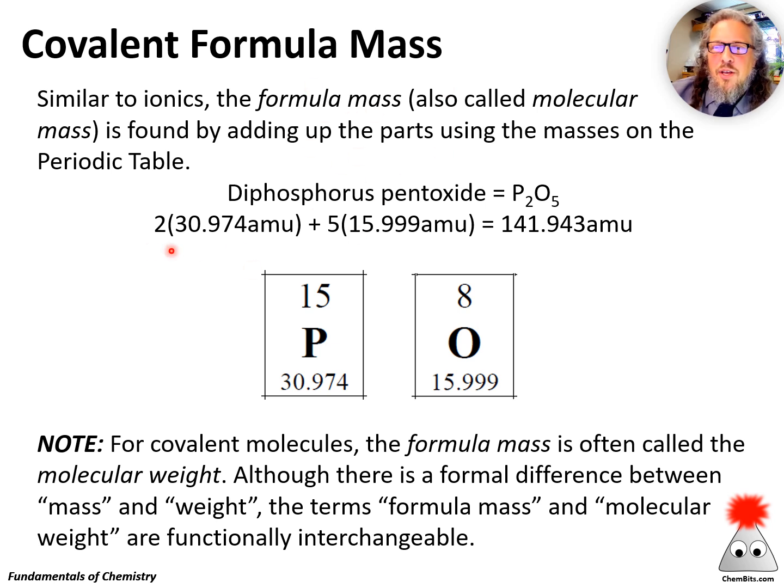But again, it's the same thing. Just add up the parts. Like in this diphosphorus pentoxide, we've got 2 phosphorus, we've got 5 oxygens. Add them up, and we get the formula mass of our diphosphorus pentoxide. So really, formula mass and molecular weight are all kind of interchangeable terms that are all referring to the same thing.